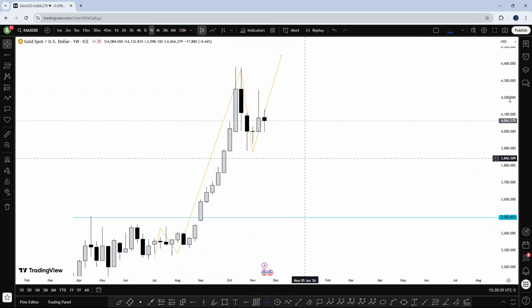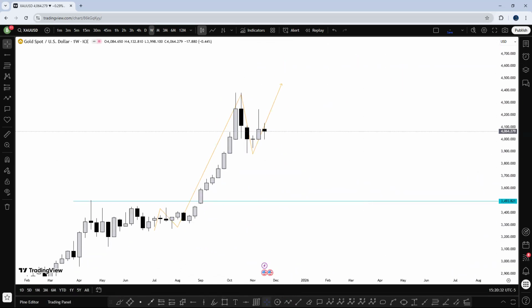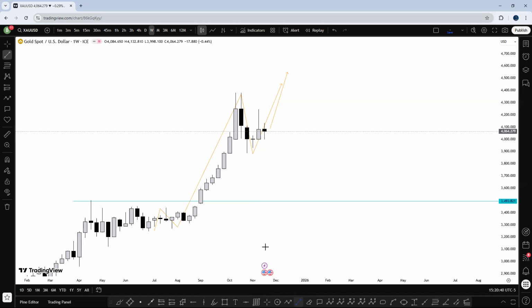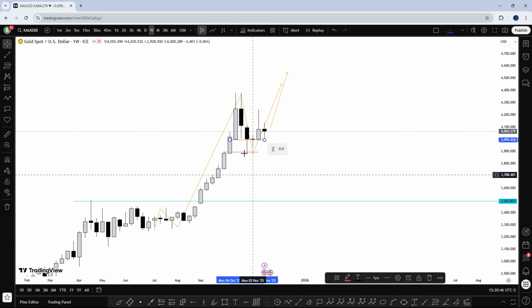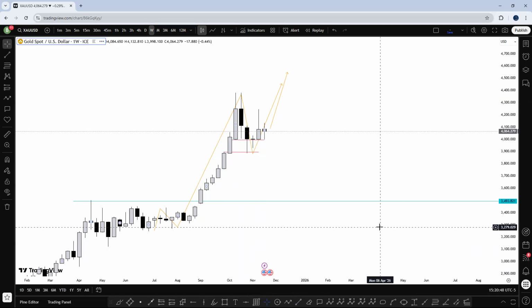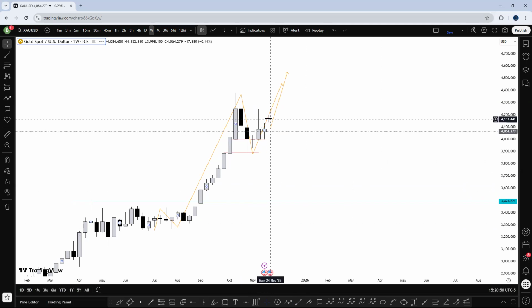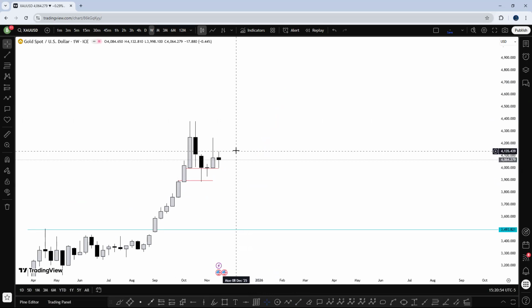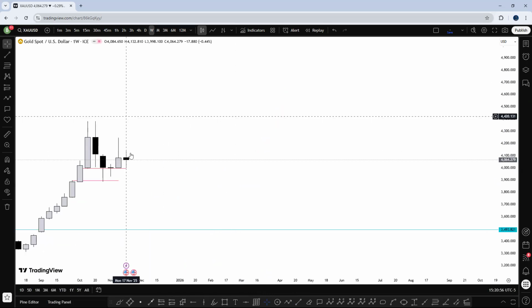So if you are here, do not think you are going to look for a setup to come back down. Instead, think how you are going to go higher after trading on this key level. Think how market is likely to go higher after trading on this key level. Now, on the daily, you are here.